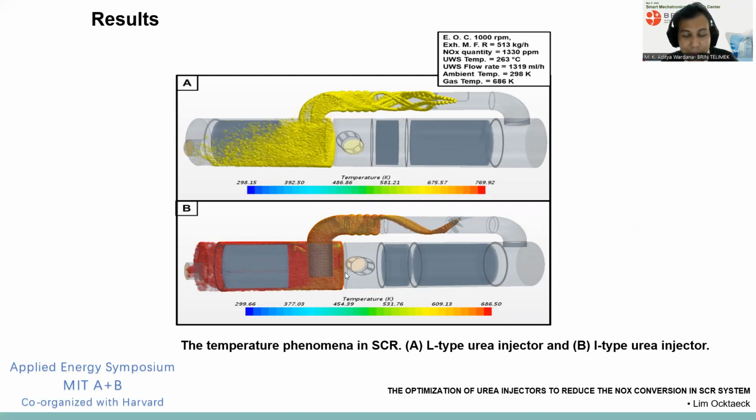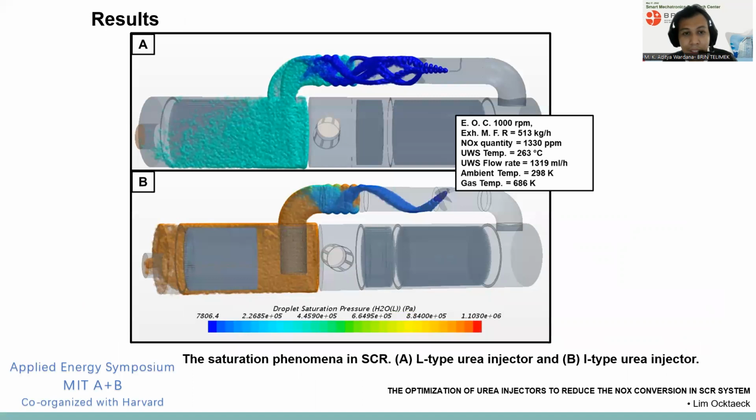The inlet catalyst temperature is quite similar. However, the I-type is higher, because the quantity of ammonia distribution in the system is higher than with the L-type. Also in this part, the saturation phenomena in the SCR system with the L-type urea injector and I-type urea injector, we can show you that it is almost similar to the temperature, with a higher ammonia quantity in the I-type.